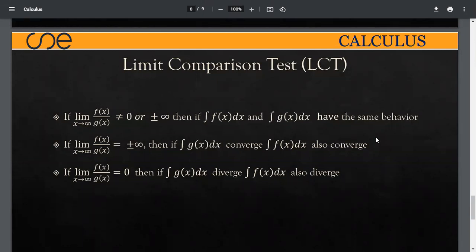Another test that is very important is the limit comparison test.